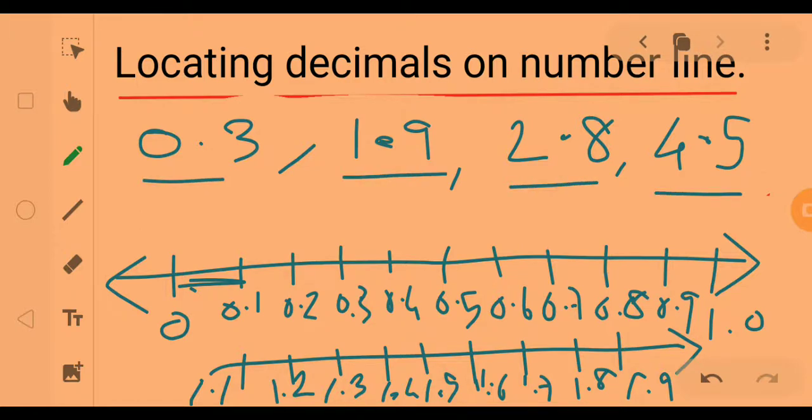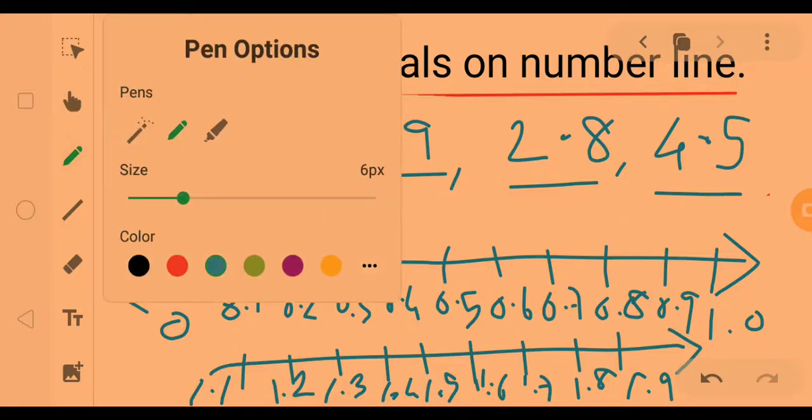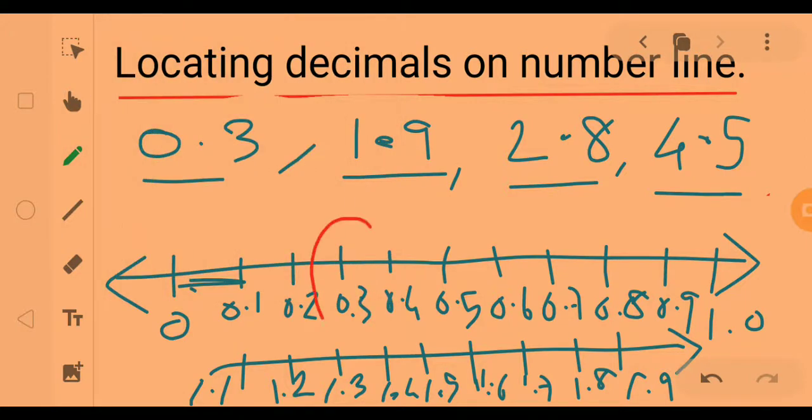So 0.3, where do you find it on the number line? Here is 0.3, then the next number is 1.9, which is here, and 2.8 will be after 1.9. I can't show you this on a broken line. When you draw a number line, you have to draw one single straight line, not two pieces, and use a ruler to mark the units.